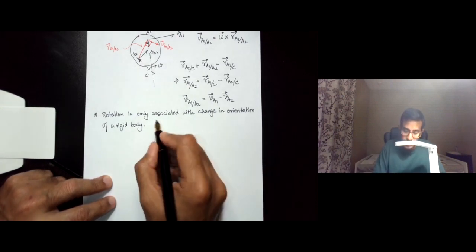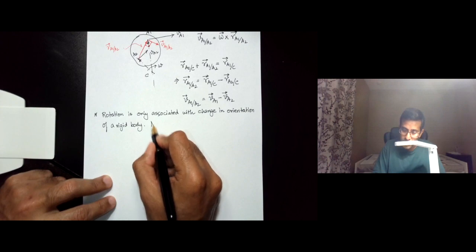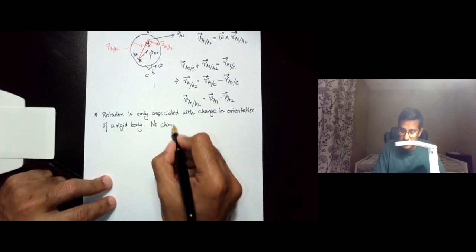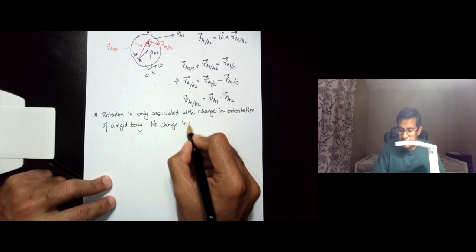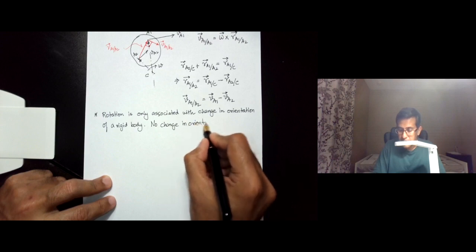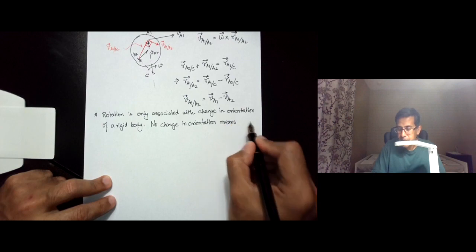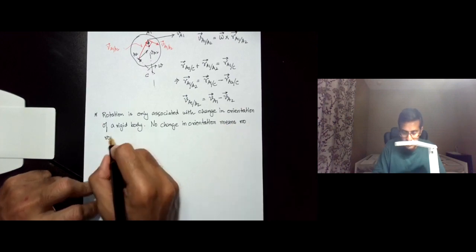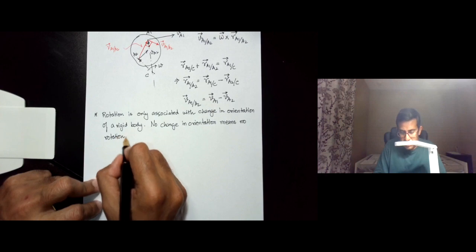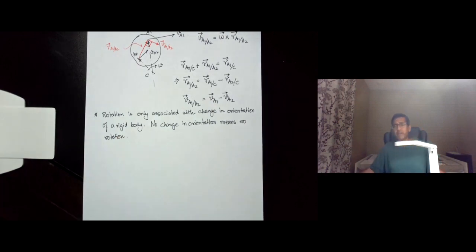So this also means that no change in orientation means no rotation. So if a rigid body is moving where the orientation of one point with respect to another is not changing with reference to a certain fixed direction, then the rigid body does not have a rotation.